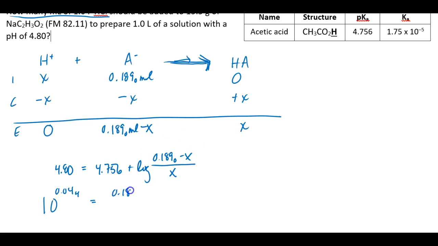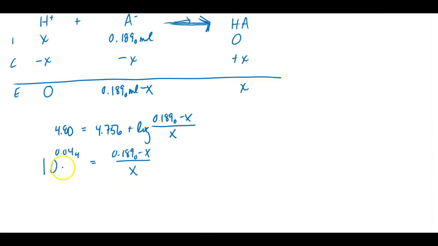That'll be 0.1890 minus X over X. So the anti-log of 0.044 is 1.1. Again, 2 digits in the mantissa means I need 2 sig figs. If I multiply both sides by X, that's 1.1X, which equals 0.189 minus X.